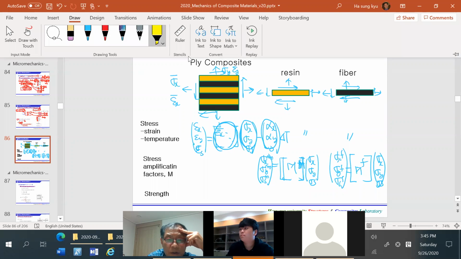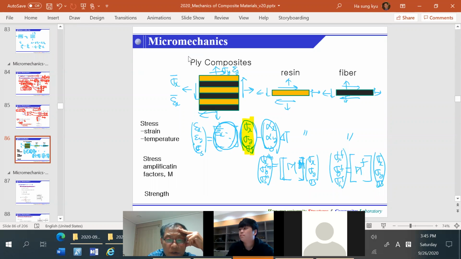So given fiber direction and given UD ply stresses, we want to calculate the ply level strain. Likewise, given the ply stress, we would like to calculate the fiber or resin stresses using the stress amplification factor.